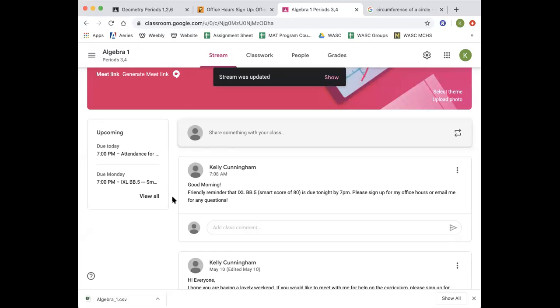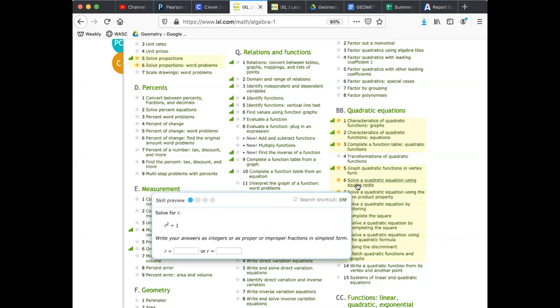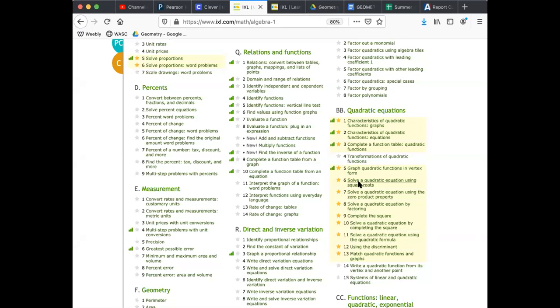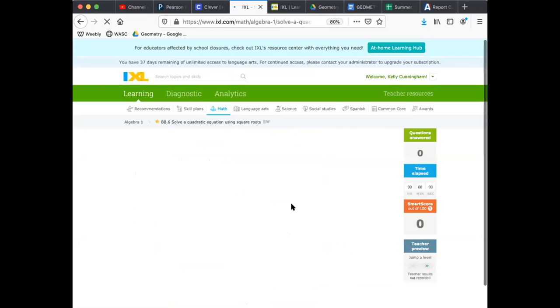Let's go to algebra. We are doing BB.6, solve a quadratic equation using square roots.